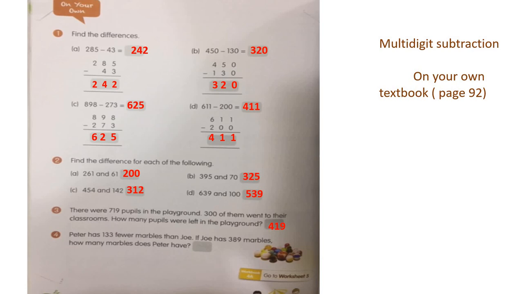So I will take away 133 from it, and what is left is the marbles that Peter has. Okay, so if I take away 133 out of 389, I will have 256 in total. That's how many Peter has.